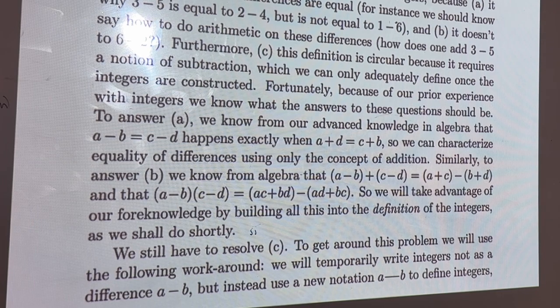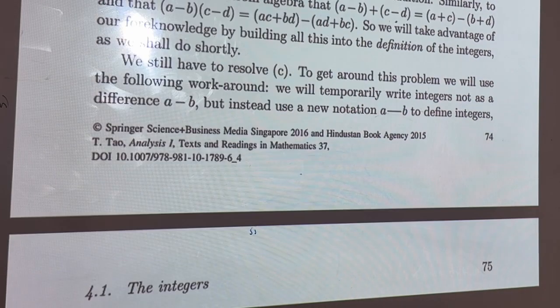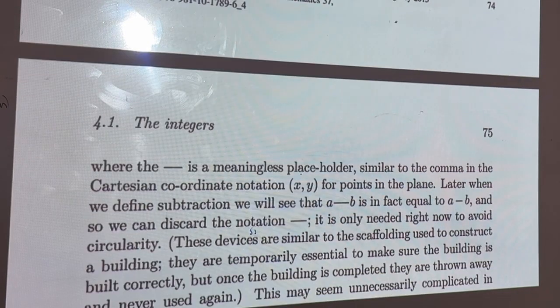We will temporarily write integers not as a difference a minus b, but instead as a long dash b, where the long dash is a meaningless placeholder, similar to the comma in the Cartesian coordinate system notation (x, y) for points in the plane. That's a clever thing actually. Although I don't believe that the comma is similar.